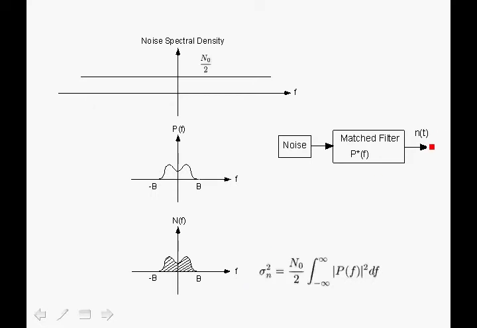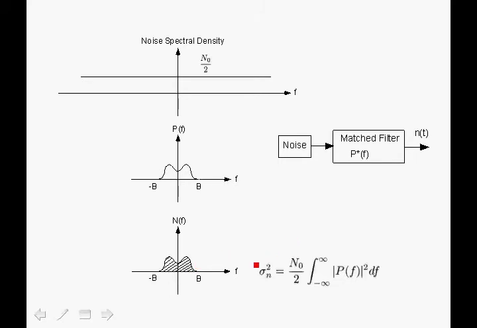So to summarize, we have an expression for the variance of the noise at the output of the match filter. It is Gaussian noise. However, unlike the input, which was white Gaussian noise, in this case we have correlated band-limited Gaussian noise.